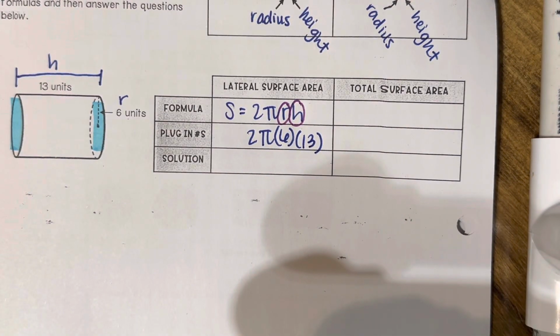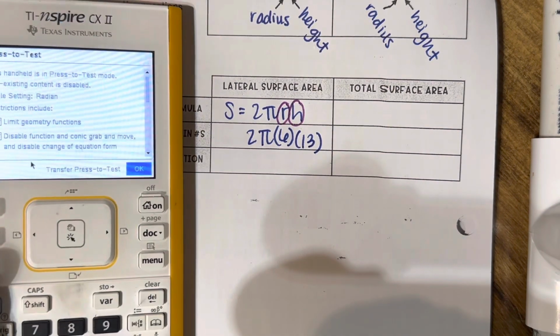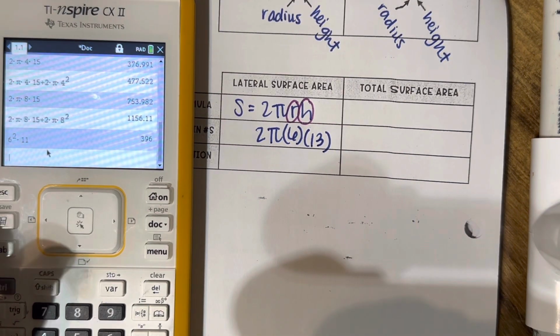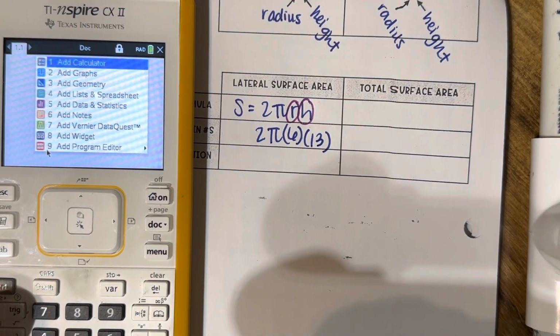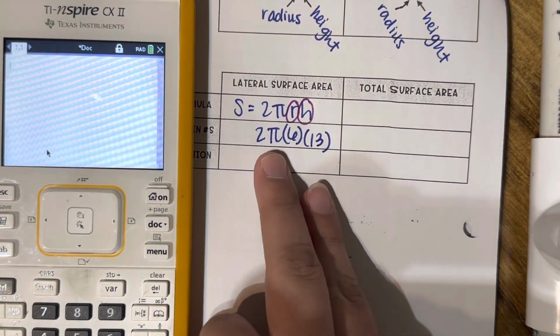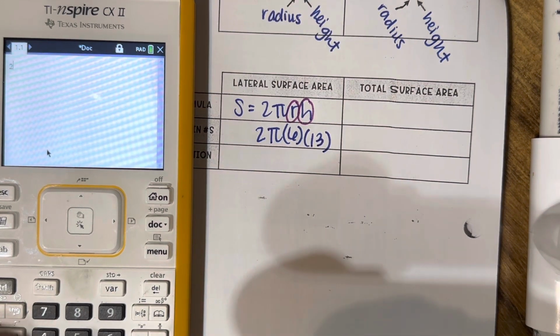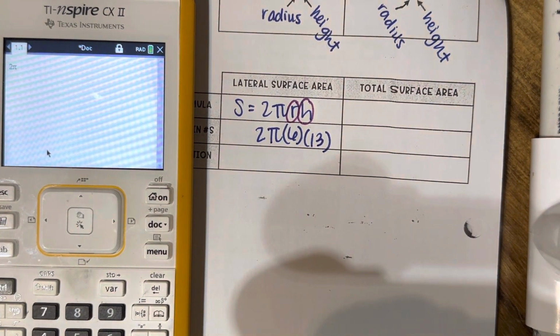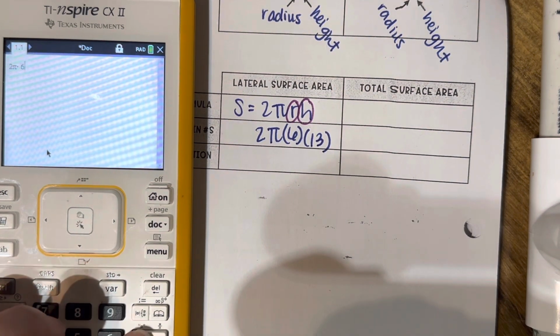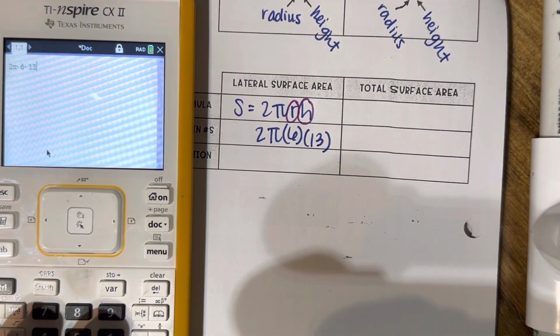So then I can go to my calculator. Let's start a fresh one. And I can type this in exactly how it looks right here. 2 pi times 6 times 13 and hit enter.